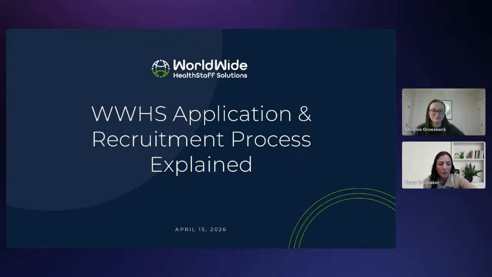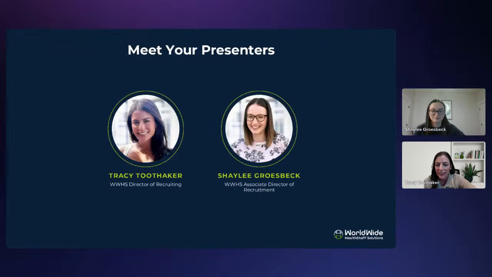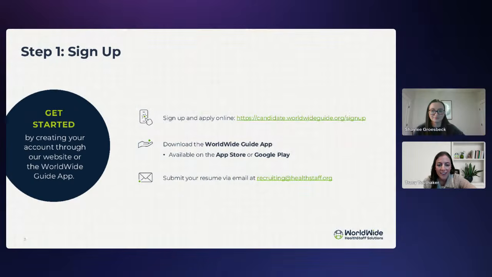Let's go through from step one. When you are interested in applying directly with Worldwide Health Staff Solutions, depending on what your journey looks like, ultimately coming to the United States, the very first step is to sign up and apply with us.